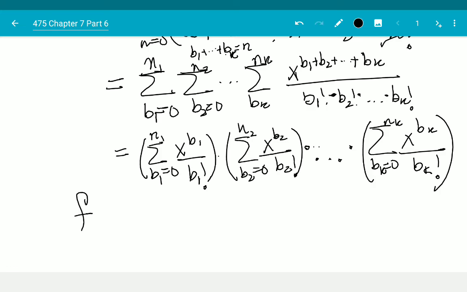I am going to say fn of x. Let me actually go with m, maybe I don't want to use n again.